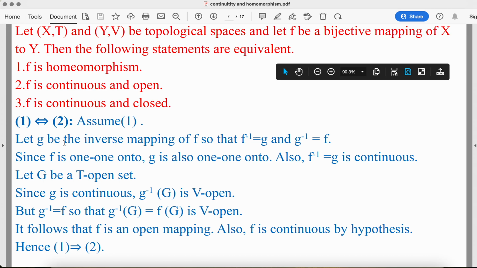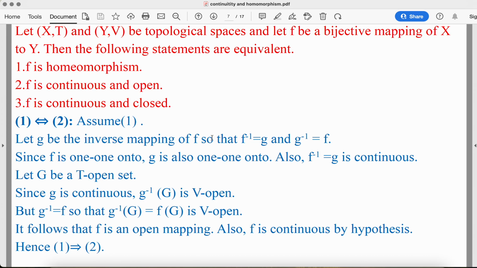Let g be the inverse mapping of f. So we write f inverse equal to g and g inverse equal to f. Because f is one-one onto, g is also one-one and onto. Also f inverse equal to g is continuous. Suppose G is T-open set. Because g is continuous, therefore g inverse of G is V-open.